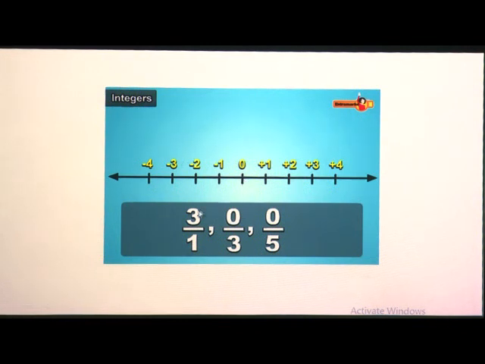Now we have written here 3 upon 1, 0 upon 3 and 0 upon 5. What are these? These are nothing but rational numbers. Here P is equal to 3, Q is equal to 1. P is equal to 0, Q is equal to 3. P is equal to 0, Q is equal to 5. So we can say that rational numbers are written in fraction form, and this fraction can be written in the form of a ratio.